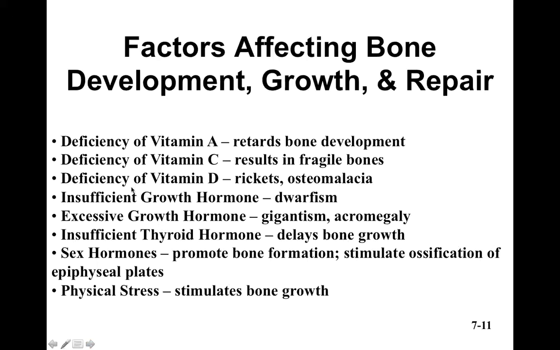Factors affecting bone growth and development. You can read those for yourselves, but some of the big ones are vitamin D. With rickets, vitamin D is needed for calcium absorption. And vitamin D is converted in our skin with sunlight.